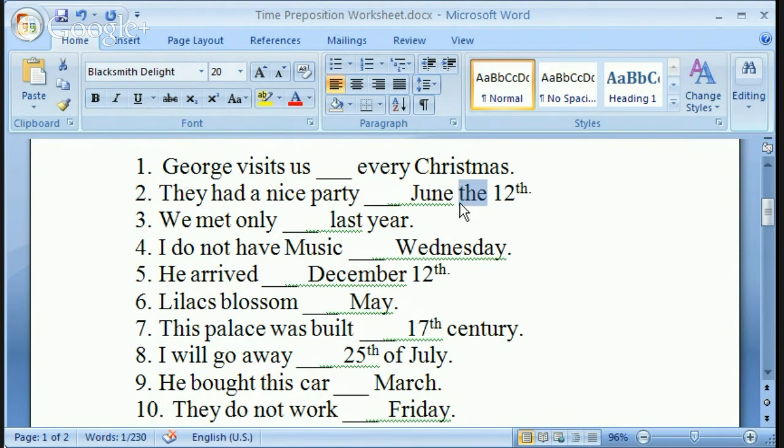This is so stupid. English is so frustrating. I know. Either one is correct to say. June the 12th or June 12th. On the other hand, it would always be the 25th of July. Always the, if you're saying the number, the date first.